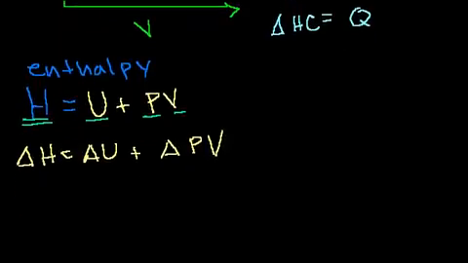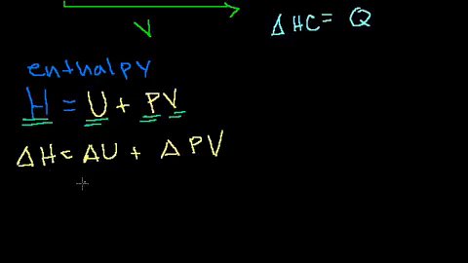So this thing we've established as a valid state variable from the get-go, from our definition. It works because it's just a sum of completely valid state variables. Let's see if we can relate this somehow to heat. We know what delta U is.